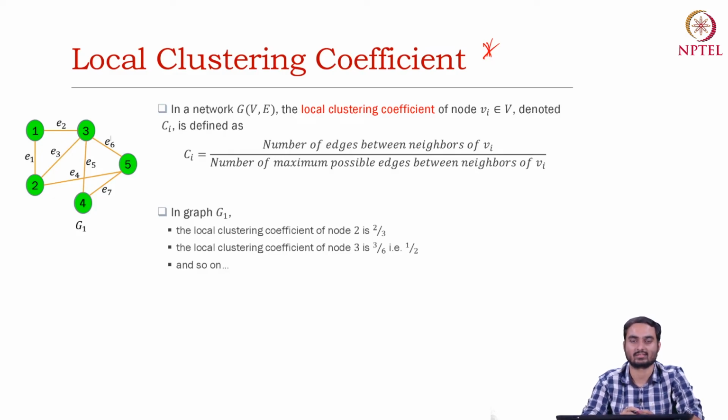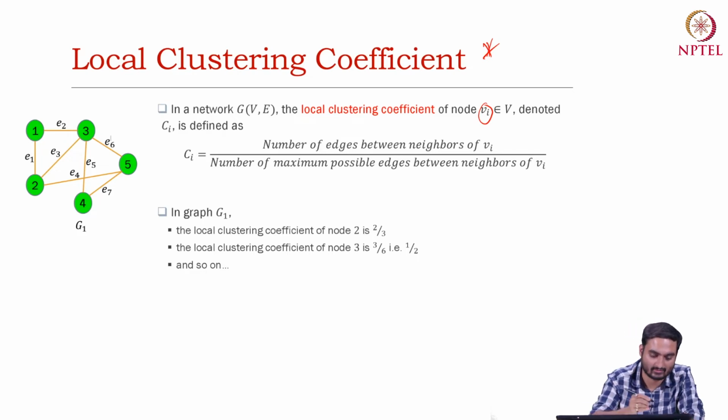The clustering coefficient is a property of a node. What is the clustering coefficient of a node? The clustering coefficient of a node Vi is the number of edges among the first neighbors of the node, divided by the possible number of edges among the first neighbors of the node.